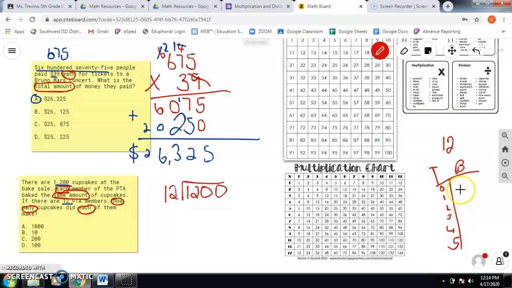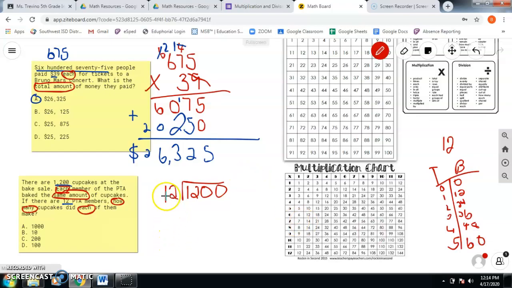It's a little messy, so this would be 0, and then it starts off with 12, 24, 36, 48, and then 60.